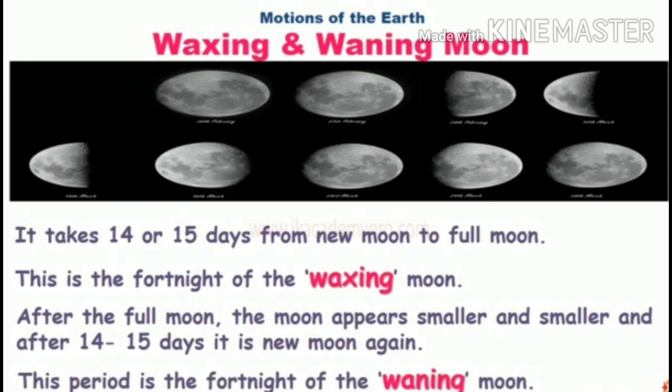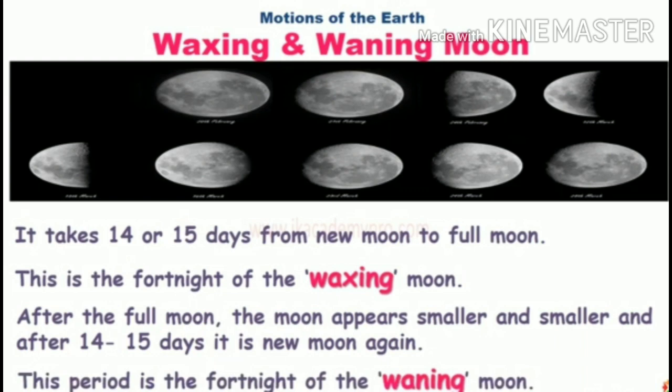This is the fortnight. Fortnight means 2 weeks, equal to 14 days. So, 14 or 15 days from new moon to full moon is called the fortnight of the waxing moon.